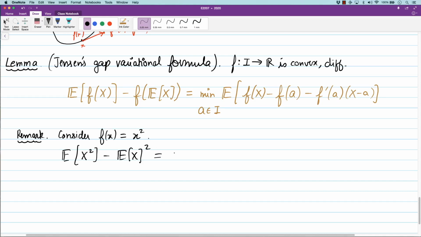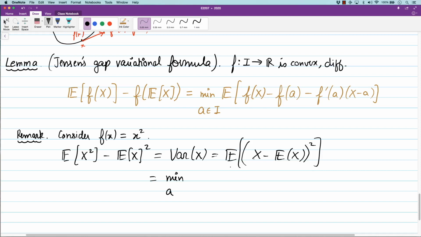Okay, so this is basically, we recognize this as variance of x, which is expected value of x minus expected value of x, whole square. This guy is equal to minimum over all a of expected value of x square minus a square minus 2a, that's the derivative, into x minus a.